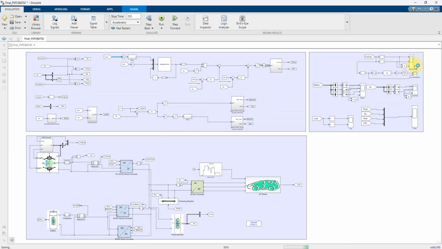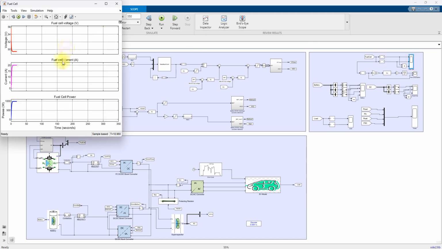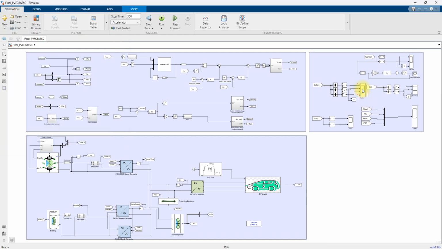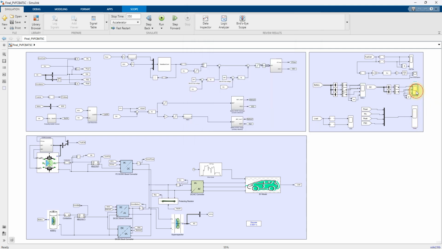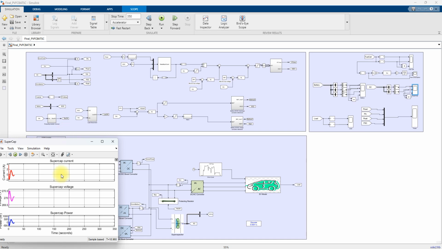And then here you will see the result of fuel cell voltage, current and fuel cell power. And here you will see the details of battery current, battery voltage, SOC and battery power. And here you will see the supercapacitor current, voltage and supercapacitor power.